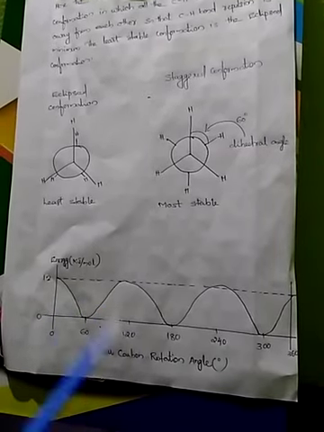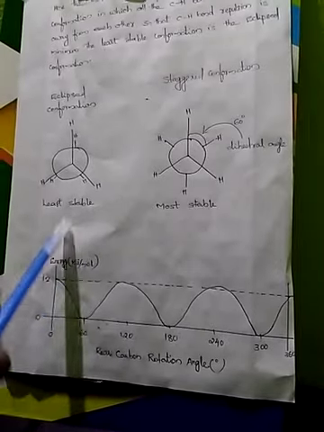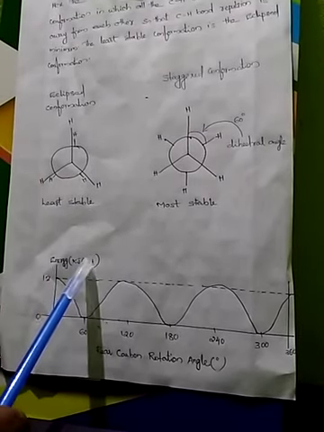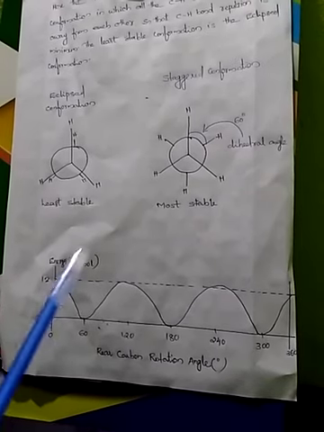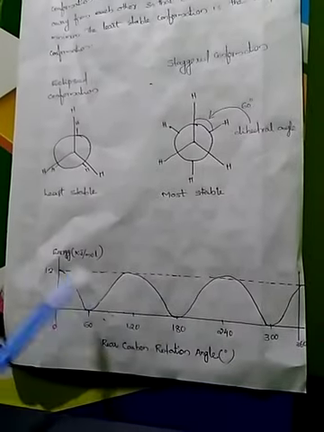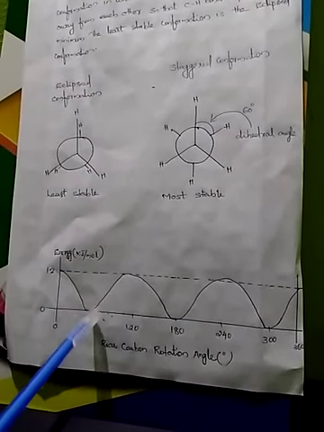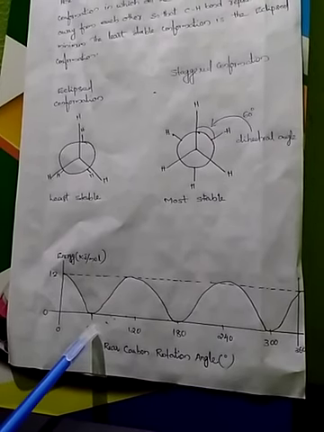This is the energy level based graph, the graph between energy and the rotation angle. It is already said that the energy difference between staggered and eclipsed is 12 kilojoules per mole. So look at this 12 kilojoules per mole. When it comes to 60 degrees, it is the staggered conformation.